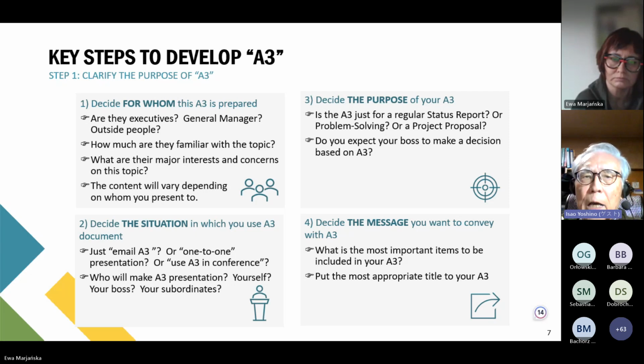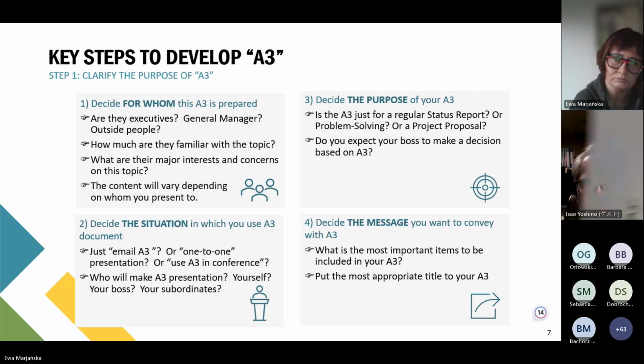Those guys need to understand what this guy is trying to tell me. So always, after you write everything, you have to check whether all those key items are nicely laid out, and also you used very key expressions in the document. So those things are very, very important.